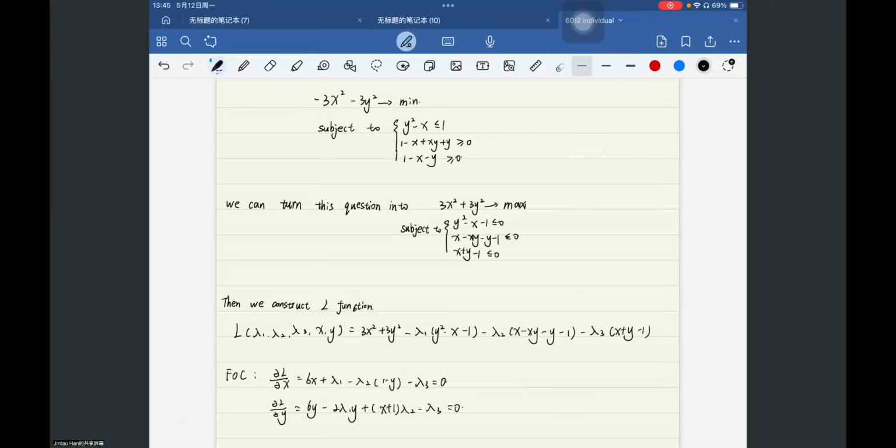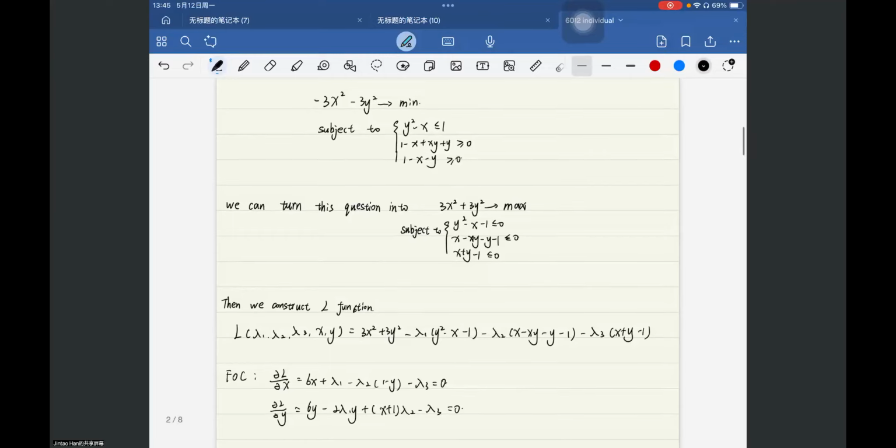This function is subject to y squared minus x less than or equal to 1, and 1 minus x plus x times y plus y larger than or equal to 0, and 1 minus x minus y larger than or equal to 0.